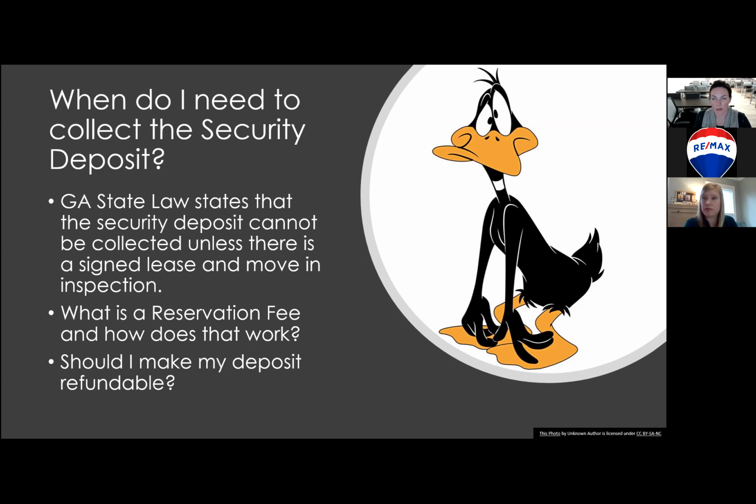So make sure that you're not collecting security deposits before you're providing move-in inspections or evaluations. That's one of the things that I see in broker support on a regular basis with leases. We think it's okay just to go ahead and collect the security deposit when we get the lease signed. And that is not how the law is written. And it does come back to bite us sometimes. So just try to remember that if you want to hold the property with funds, it needs to be done as a reservation fee.